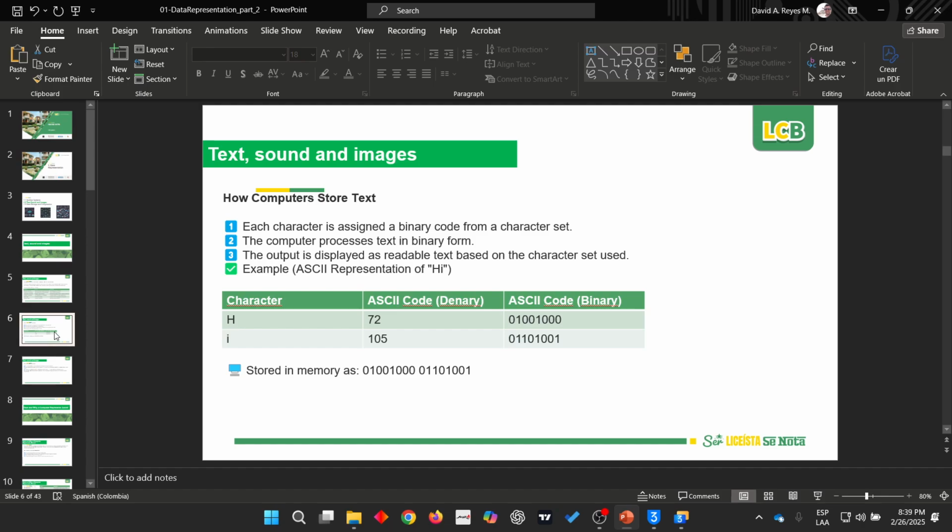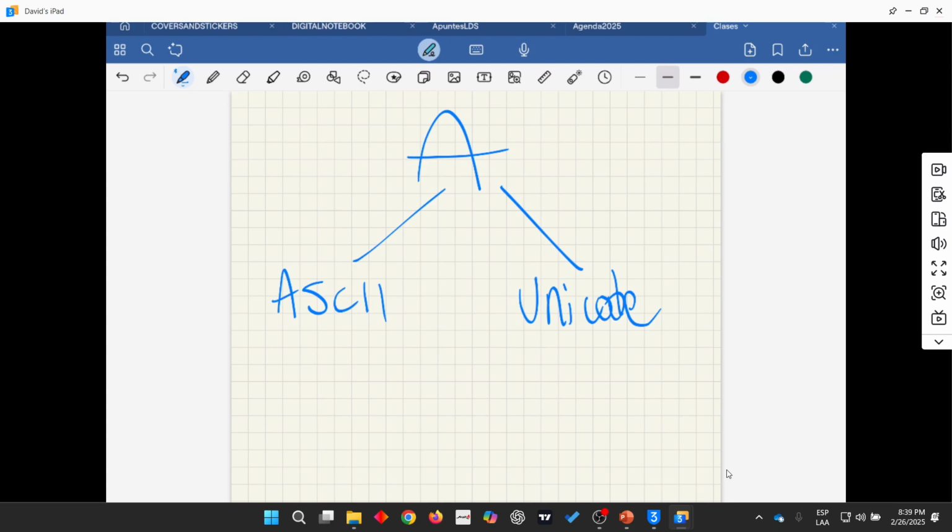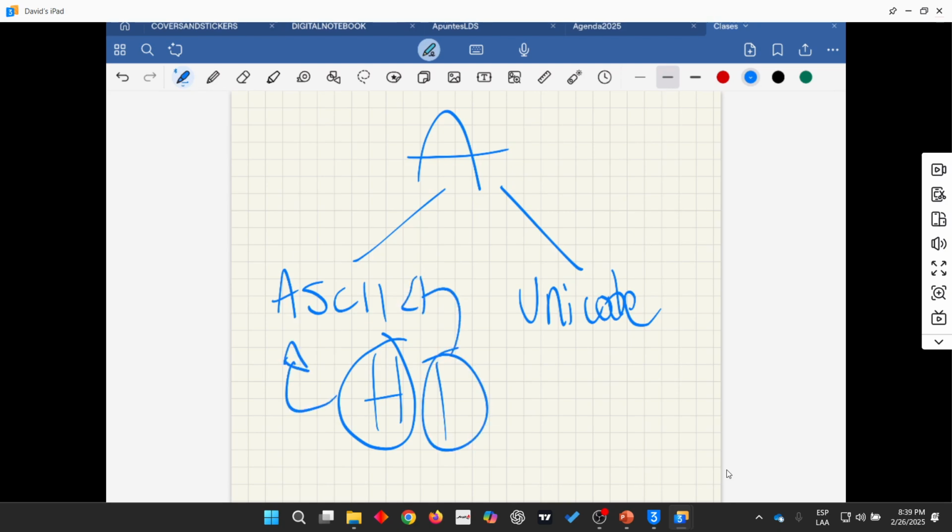Okay, so this is an example about this. Let's suppose that the computer uses ASCII. If you are going to write the word pie, every single character is going to be decoded to ASCII in this case.